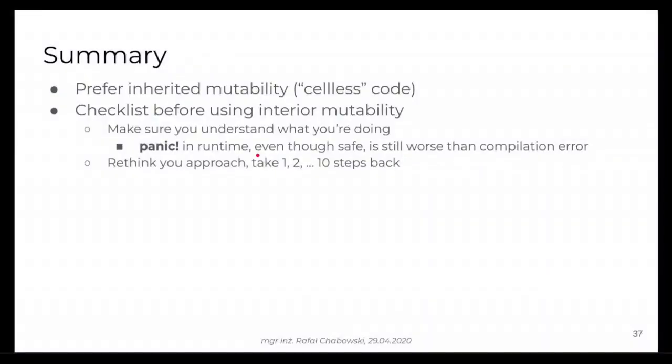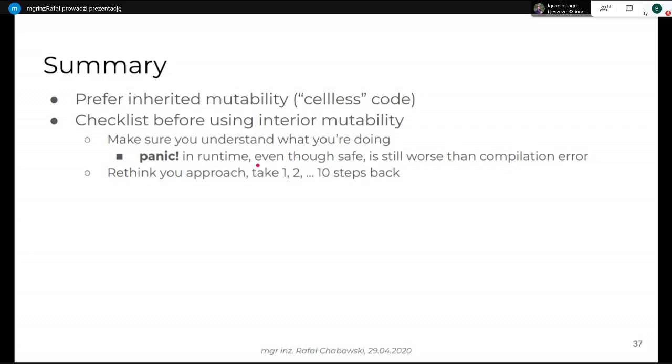Okay, and time for short summary. So prefer inherited mutability instead of the interior one, which means that you should try to create cell-less code. There's a checklist before using interior mutability. So my advice is not to simply follow the compiler suggestions.